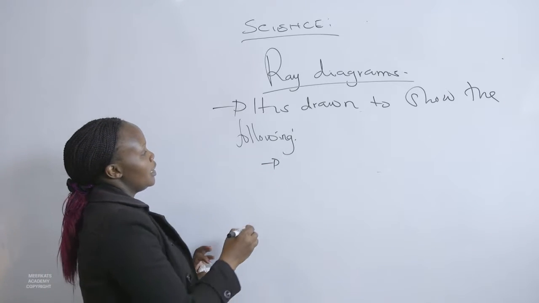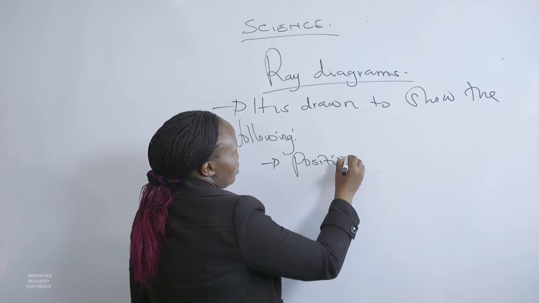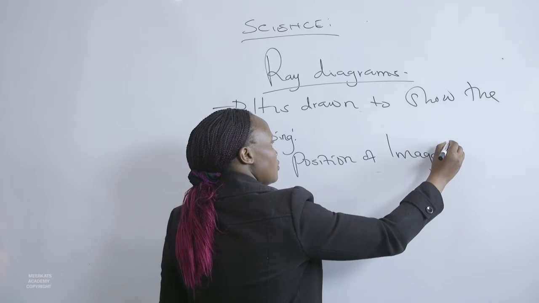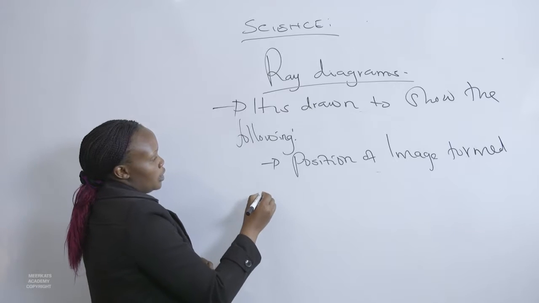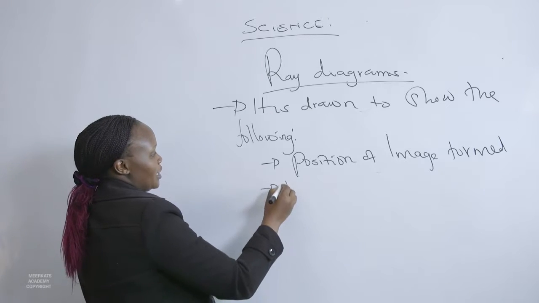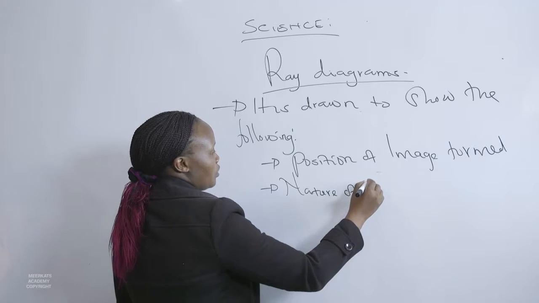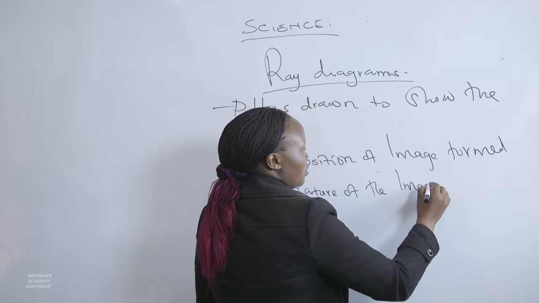Number one is the position of the image formed. Number two is the nature of the image.